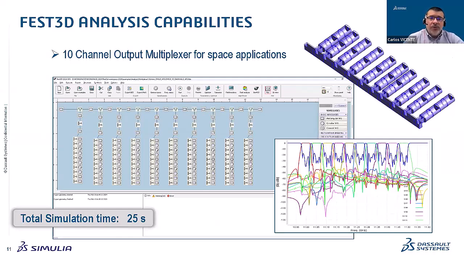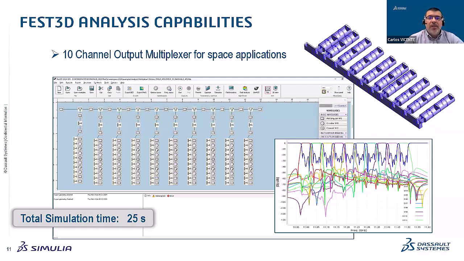And this is also another example in which you can see the power of the tool. We are analyzing here a 10-channel output multiplexer. This is typical for space applications. And you see that you can solve the complete structure 3D full wave in just half a minute, okay?